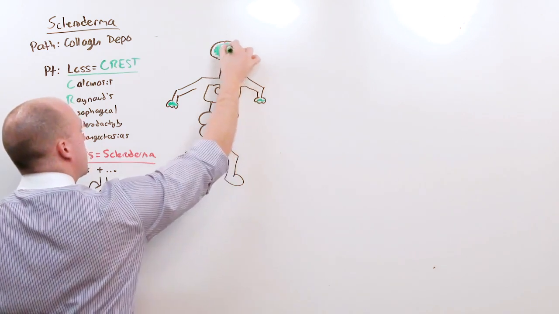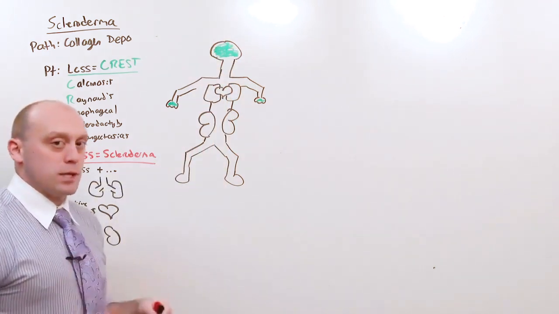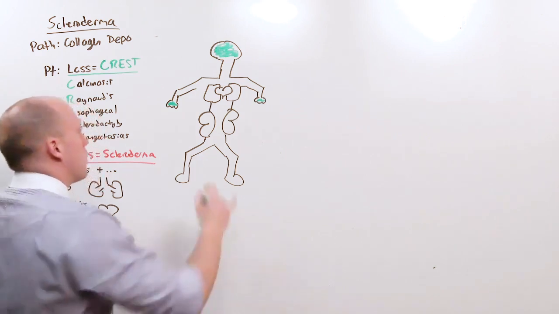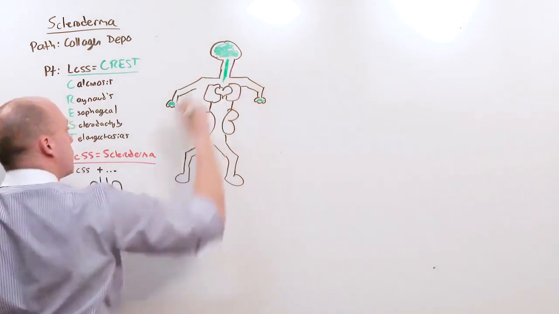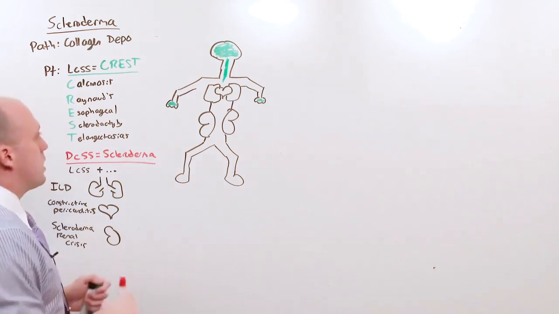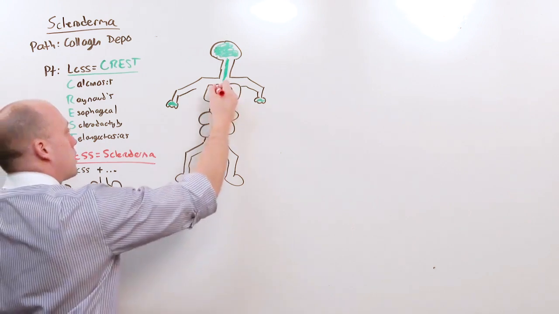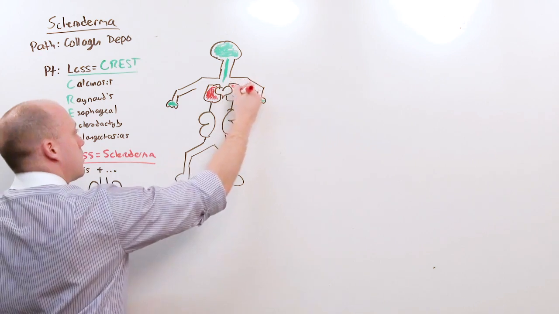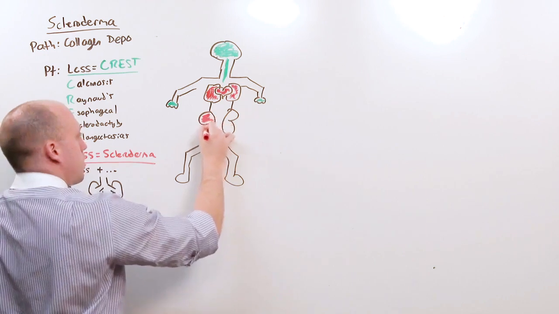There's not going to be any wrinkles at all, even though they're a bit older, and that's because they've been replaced with collagen. The only visceral involvement of CREST is going to be the esophagus, which leads to the unrelenting GERD. In diffuse cutaneous, you're going to have the same things that are listed in green, but also are going to have interstitial lung disease, DPLD, constrictive pericarditis, and renal crisis.